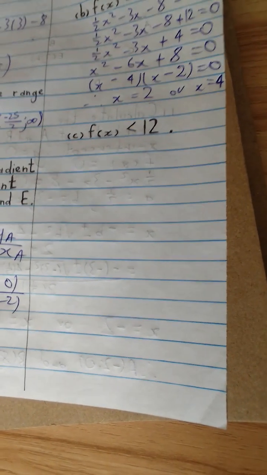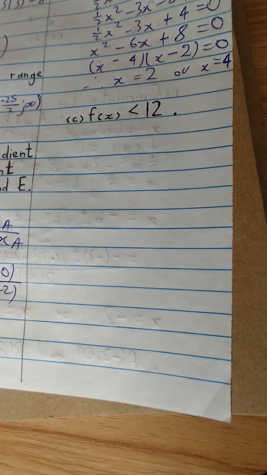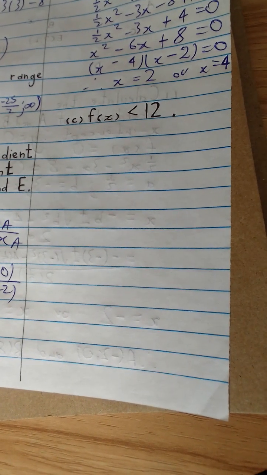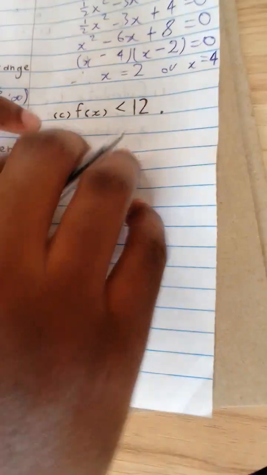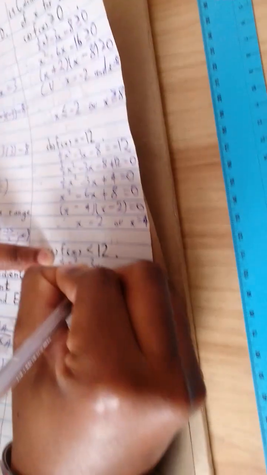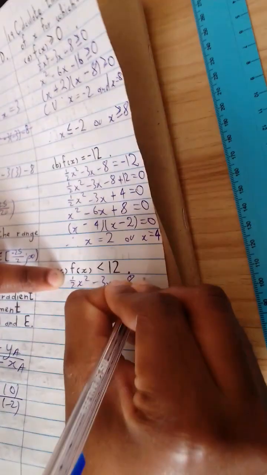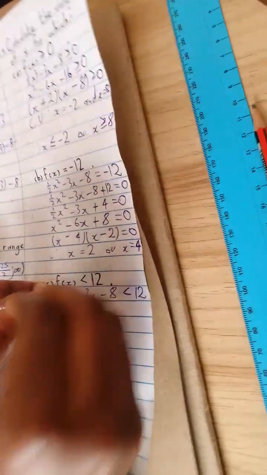C states f of x is below 12, less than 12. Okay, so what is f of x? Half x squared minus 3x minus 8 less than 12.